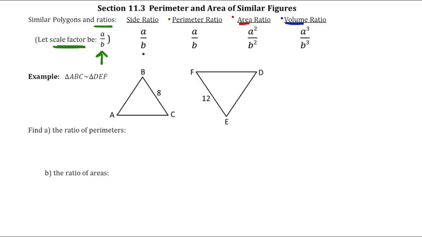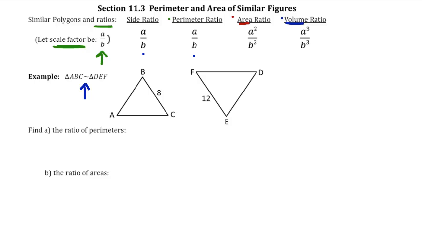So let's look at this example. Triangle ABC is similar to, remember our symbol there, the little squiggle line in between, is similar to triangle DEF. And so for A, we want to find the ratio of perimeters between the two. So remember that the perimeter ratio here is the same as the side ratio, which is the scale factor between the two.